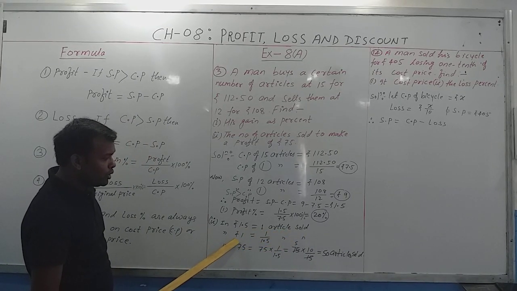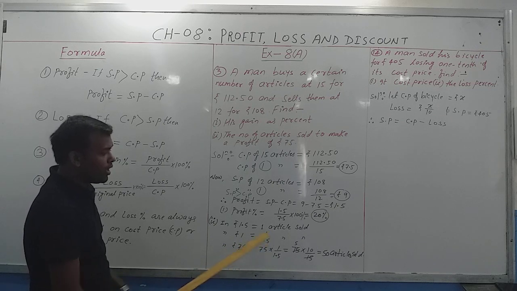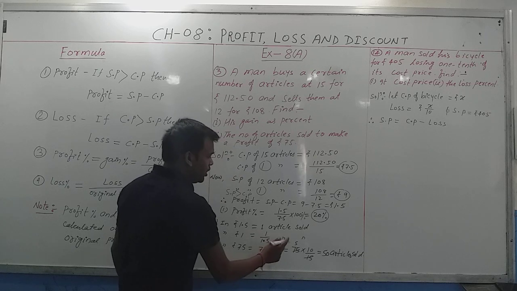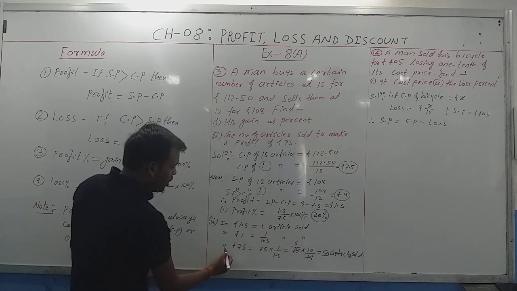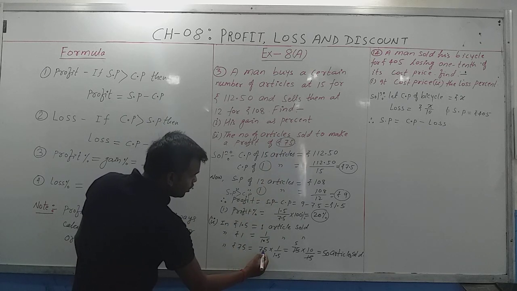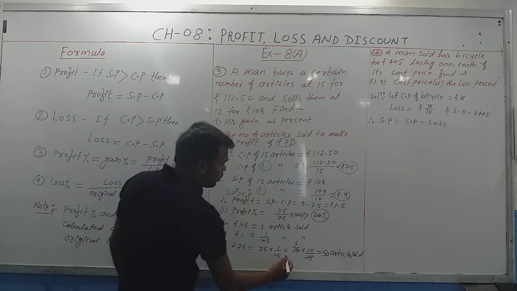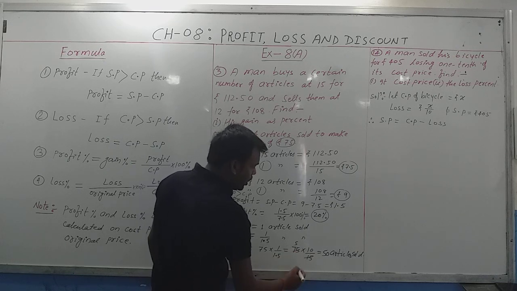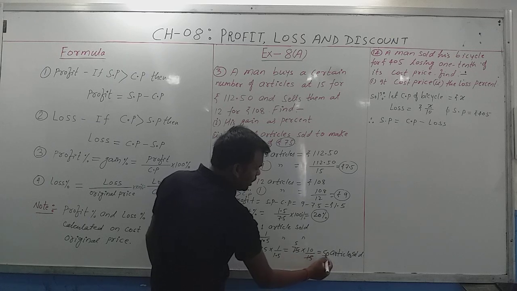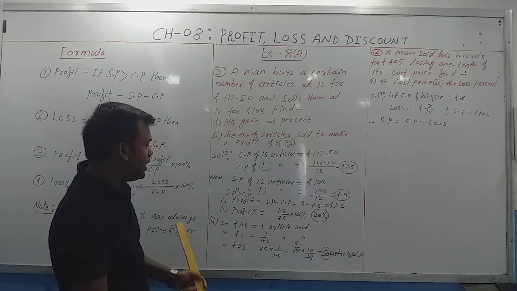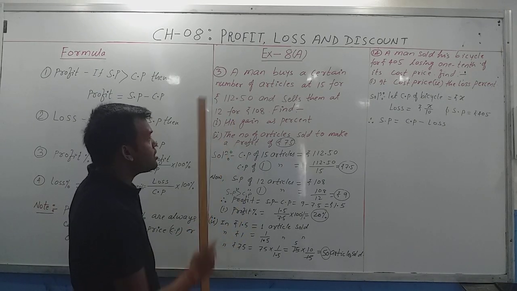So rupees 1 is equal to 1 by 1.5 article sold. Therefore rupees 75 is equal to 75 into 1 divided by 1.5, is equal to 75 into 10 divided by 15. So 15 times 5 is equal to 75, and 5 into 10 will be 50 articles. So this is the second answer of this question.